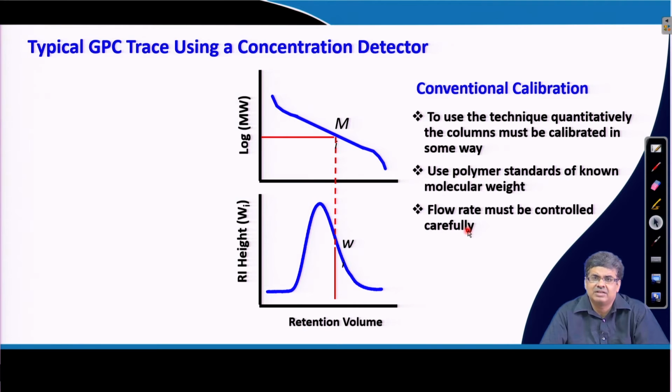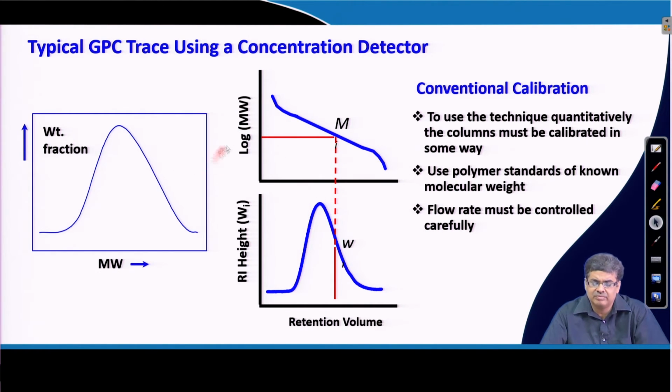There should not be any fluctuation in the flow rate. So, now we know that from the raw data we can convert the raw signal to a weight fraction versus molecular weight signal, and then using the software we can get the values for Mn, Mw, Mz, Mv and other values using the formulas I have shown in the first slide.